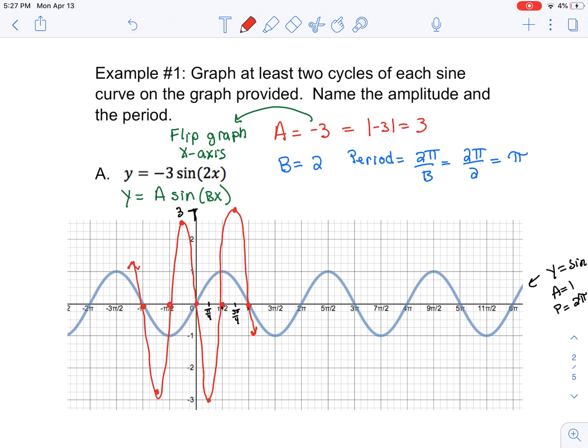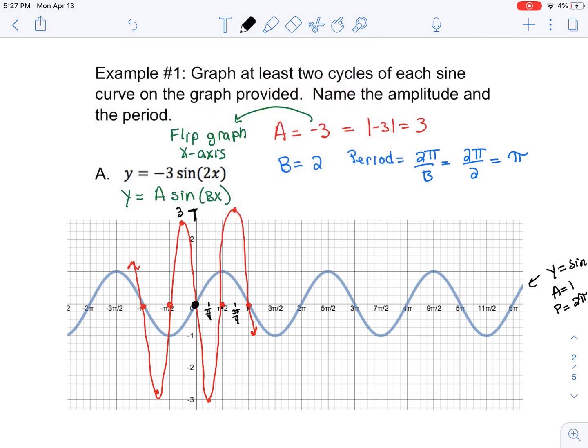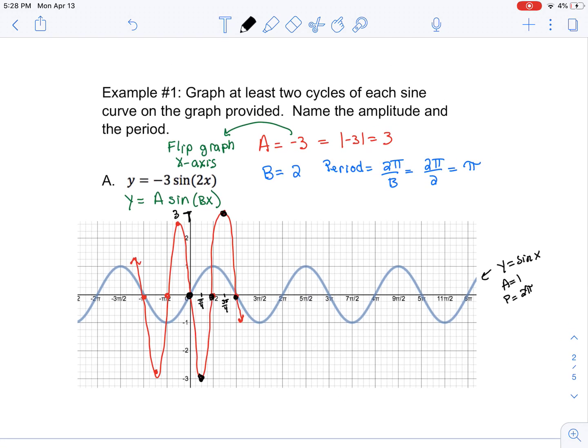And include an arrow. So like I said, the points that you want to use start at 0. Here we're going to go down first because it's a negative, back to the middle, up top, back to the middle. So 1, 2, 3, 4, 5 critical points that we want to make sure that we know.